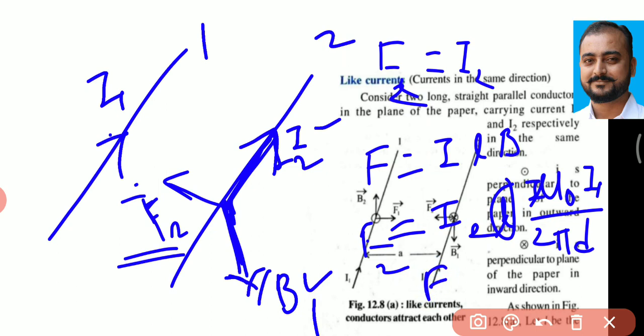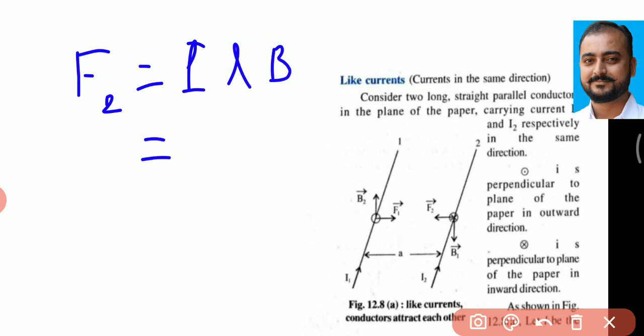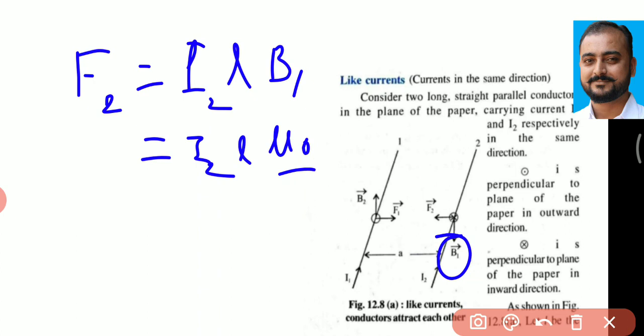So I will erase it again. Mostly, this is the formula: F2 is equal to I into L into B. What is the current flowing through the conductor? I2. The magnetic field experienced by this conductor is B1. So L multiplied by B1 is mu 0 upon 2 pi I1 divided by D.